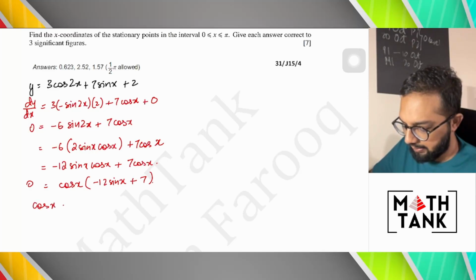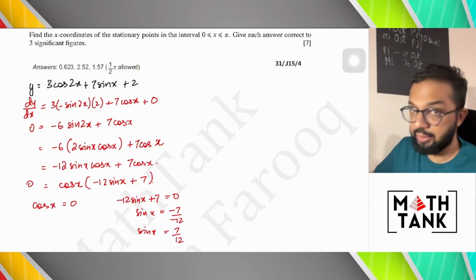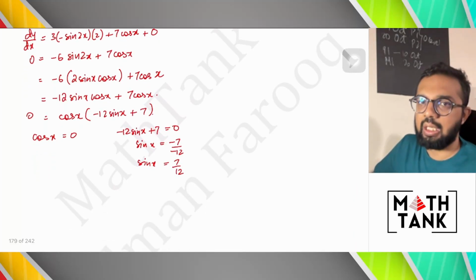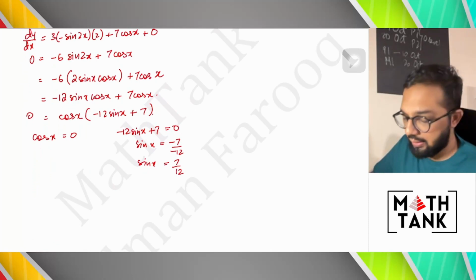So either cos x equals to 0 or minus 12 sine x plus 7 equals to 0. Now sine x is therefore minus 7 over minus 12, which gives me sine x as 7 over 12. Remember that your calculator always has to be in radians. It cannot be in degrees for these questions on differentiation.